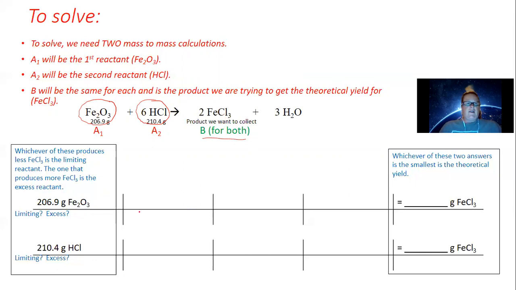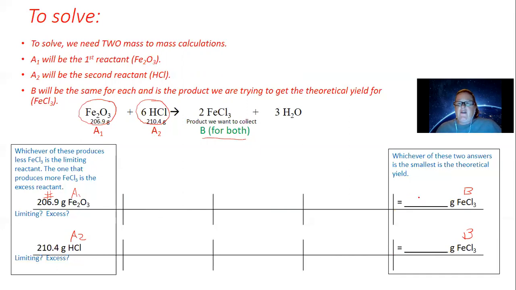The mass-to-mass calculation is set up like this. You start out with the number that's given. This is our A, so we have an A1 and an A2, and here we have the same B. Whichever of these 2 answers is smaller, I don't remember off the top of my head.